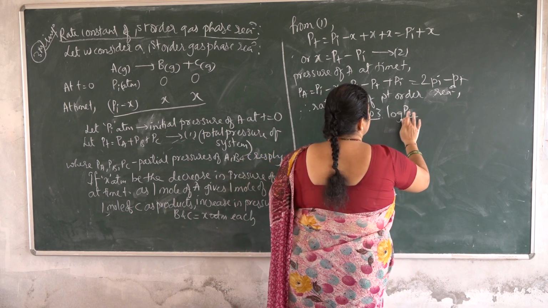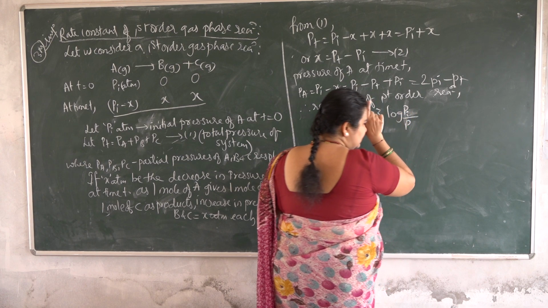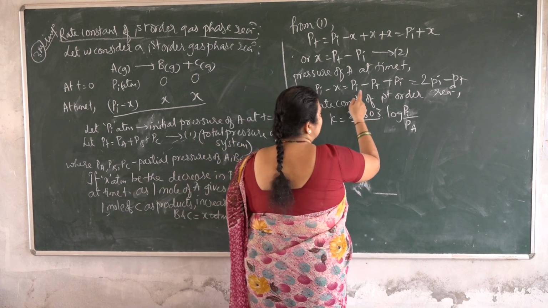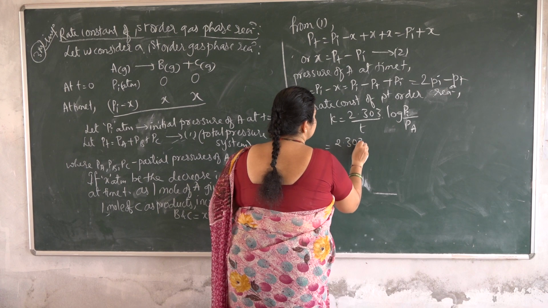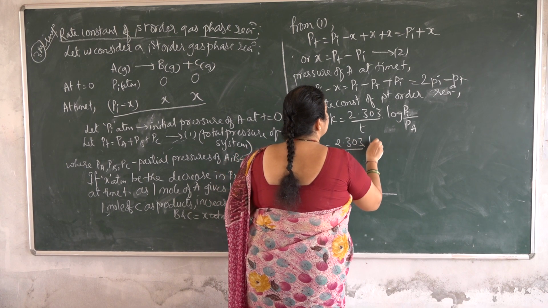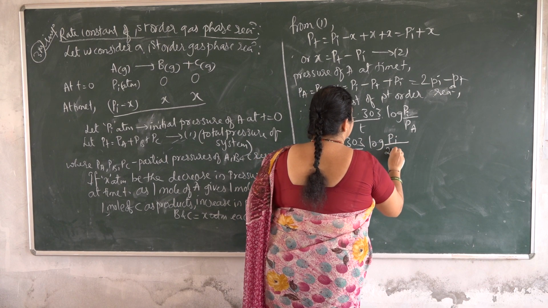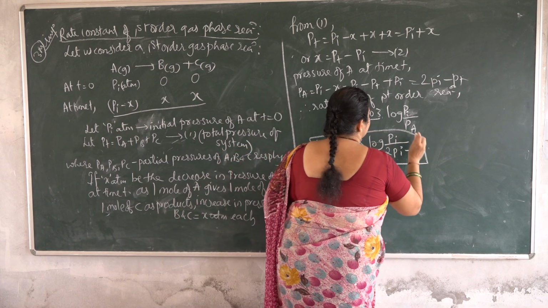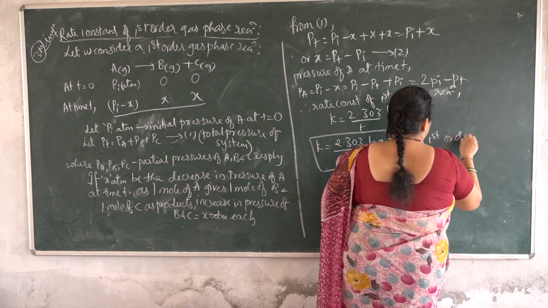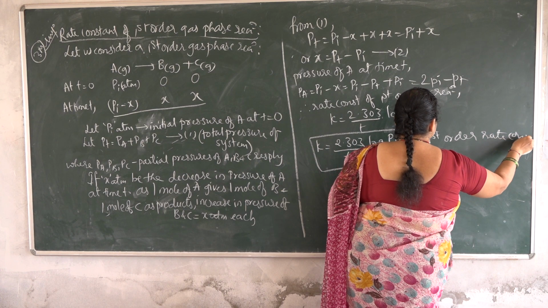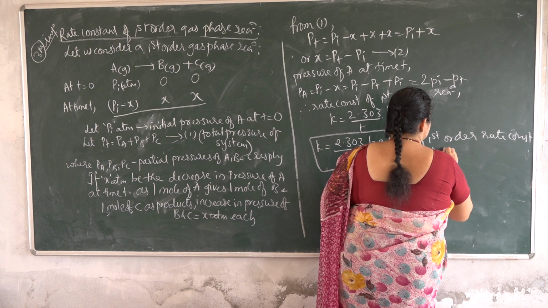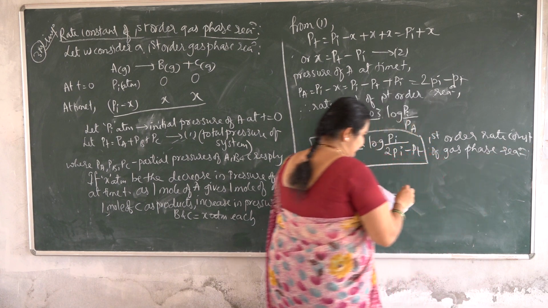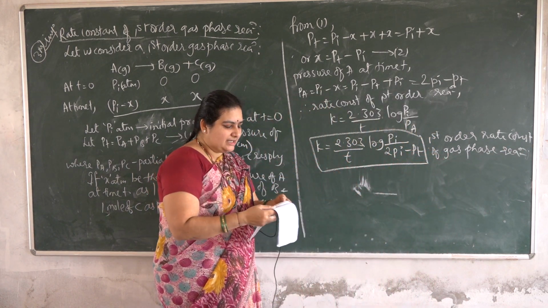Pi is the initial pressure, so the initial pressure is in the numerator and the pressure of A is in the denominator. This equation will take the form K equals 2.303 divided by t into log Pi divided by 2 Pi minus Pt. This is the equation for the first order rate constant of a gas phase reaction.